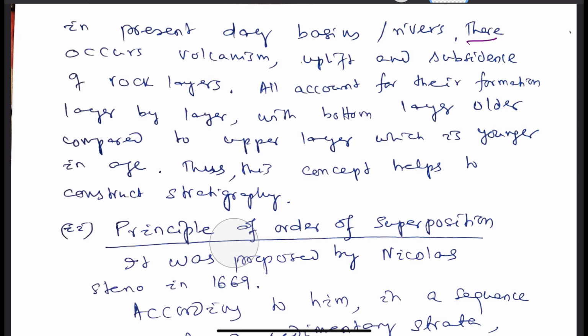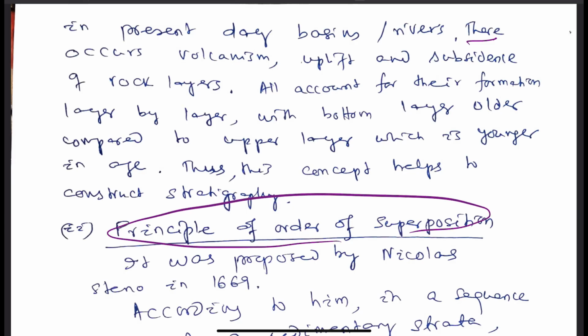Then we have the principle of order of superposition. So this indicates the fact that the lower bed is always older than the upper bed, where the strata have not been deformed.